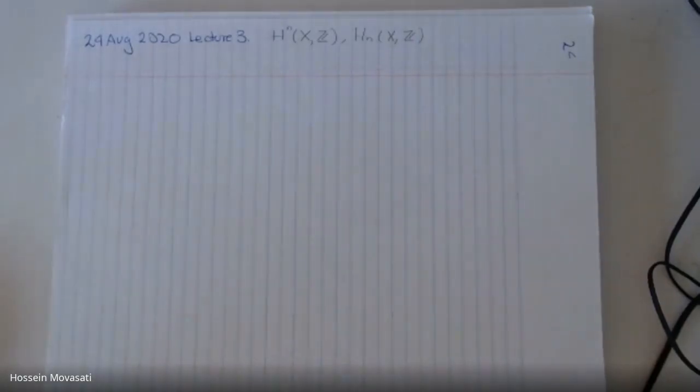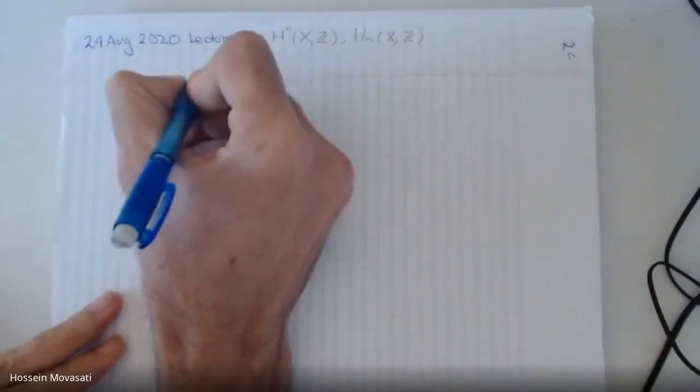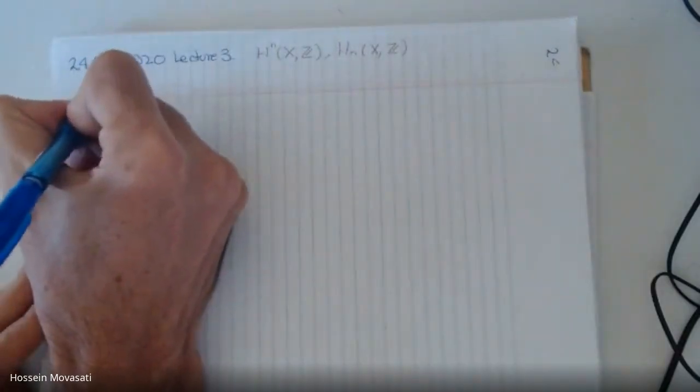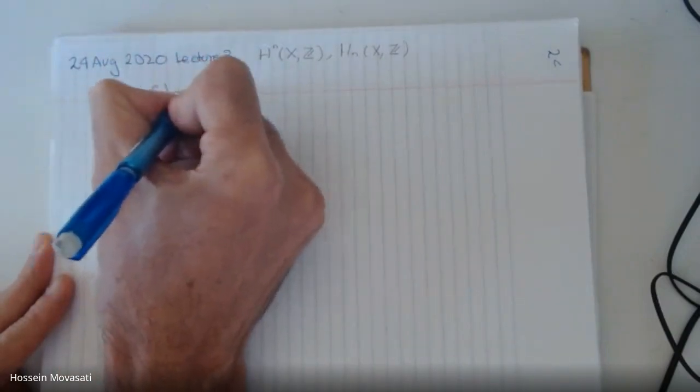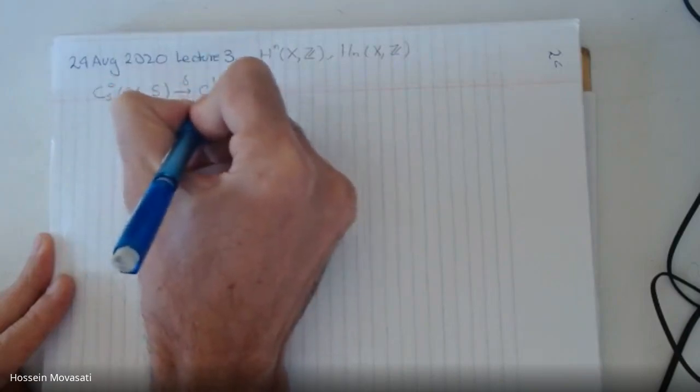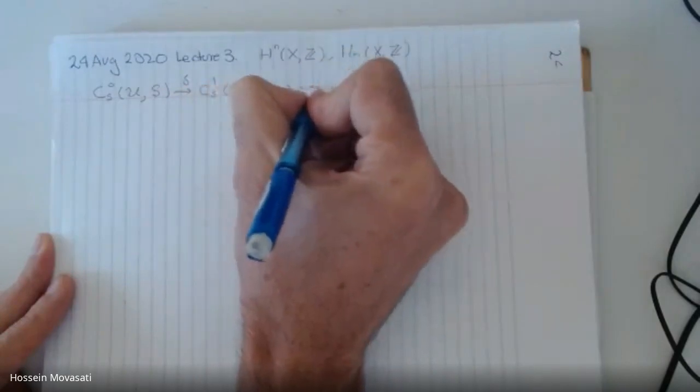Okay. So what we did last time: we start from a topological space, and at the end we define the covering sheaf S, C0 and C1 with delta, and we define this complex.